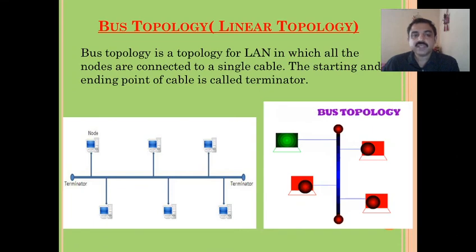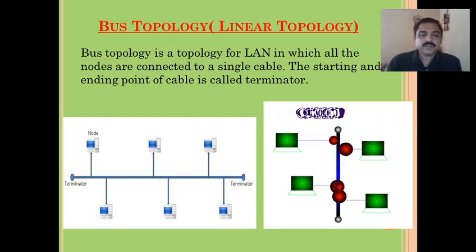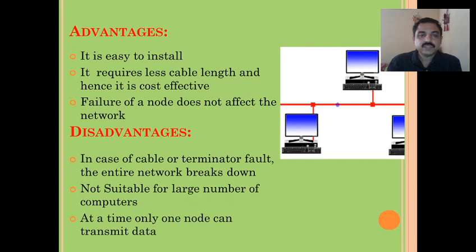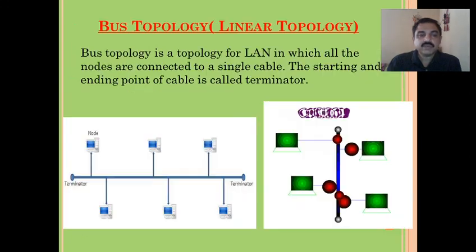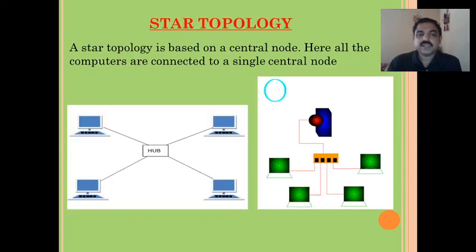Each node is connected to a single cable, and terminators are there at the end of the cable. Each type of topology has its own advantages and disadvantages. So mainly here, bus we can easily install, which requires less cable length.